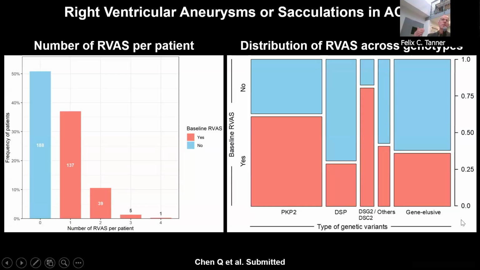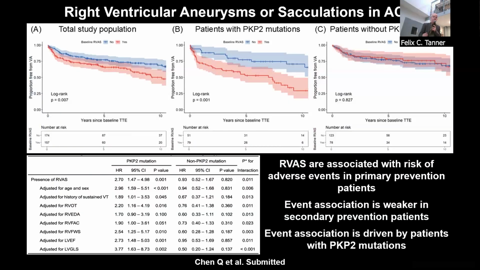So here the genotype seems to play a certain role. In contrast to the RVOT diameter, I forgot to say that before, when you study the RVOT diameter, the genotype of the patient does not seem to be relevant, neither for risk association nor for the rest. But here, the genotype seems to play a certain role.